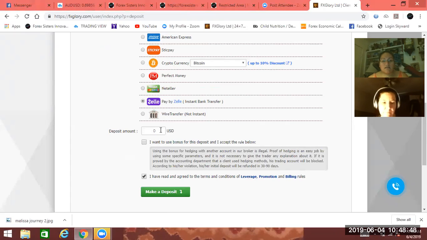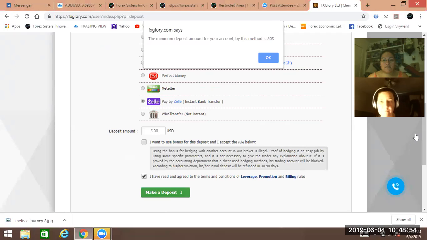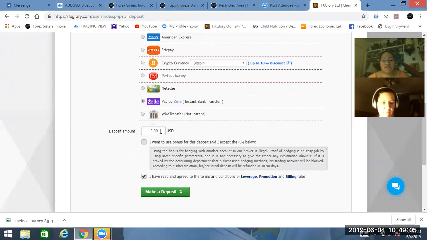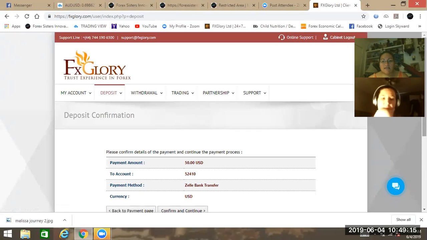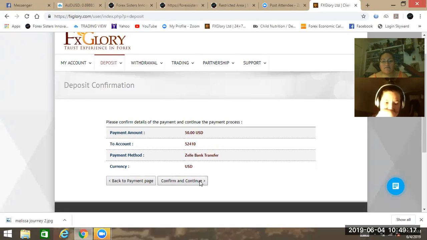Say I put in $5, it should pop up. Can you see where it says minimum deposit of 50? Well, if you have Zelle, you go ahead and say you're going to do 50 and confirm and make the deposit. And say you go over, confirm again.